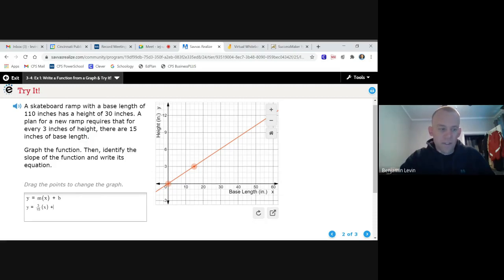What is the y-intercept here? You guys know this. We learned this 2 weeks ago. We know that our slope is up 3 over 15, up 3 over 15. What's our y-intercept? It's right here. What is that?